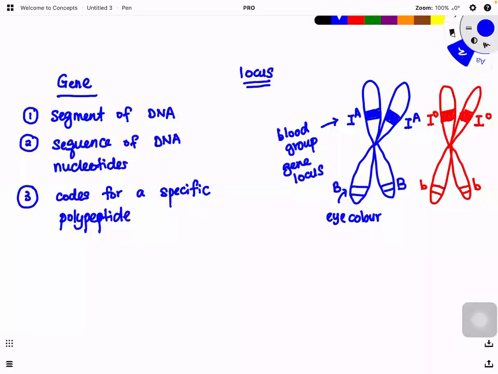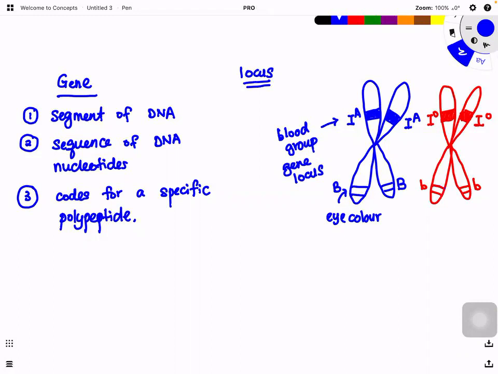Gene codes for polypeptide. Those are the genes. So each location has a gene: gene that codes for blood group, gene that codes for eye color, gene that codes for enzyme, gene that codes for hormone, and so on. They have their own special location, and we name it a locus.